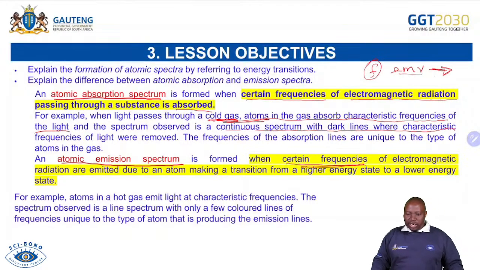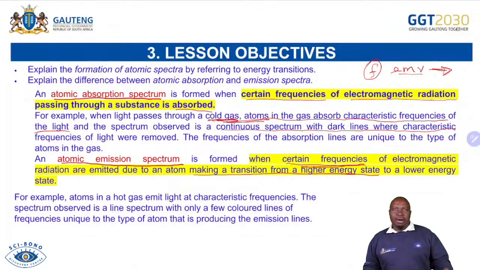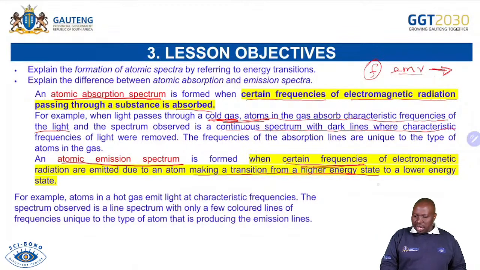They are emitted due to an atom making a transition, moving from a higher energy state to a lower energy state. Remember, when electrons gain energy, they move from a lower energy level to a higher energy level, which we refer to as the excited state.